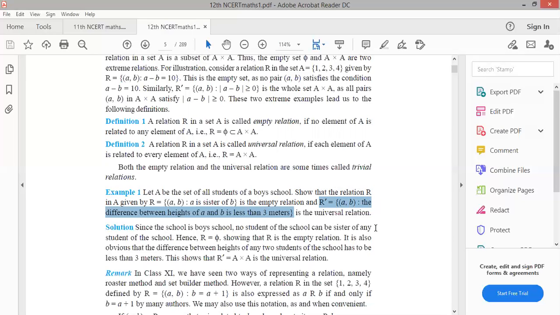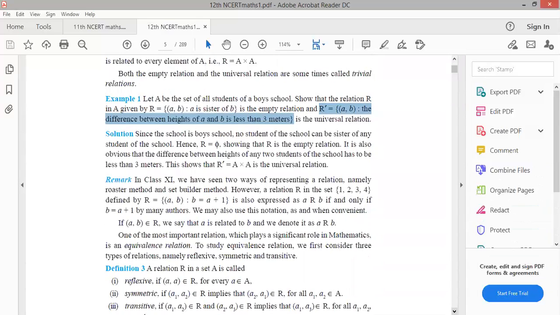If we take any two students at random and measure their heights, naturally the difference will not exceed 3 meters, because 3 meters is a very huge quantity. So every student will be related to every student. Such a relation contains every two students of the school, so it is a universal relation.